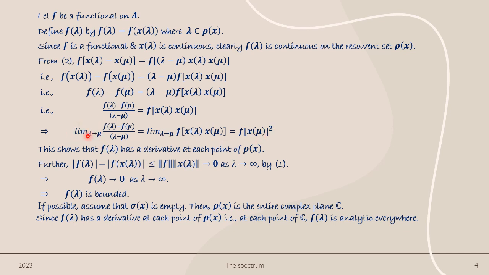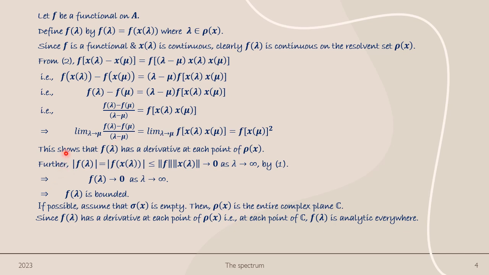So the limit as lambda tends to mu of f of lambda minus f of mu by lambda minus mu is equal to f of x of mu the whole square. The limit exists, and this is nothing but the differential coefficient, f dash at lambda equal to mu, the derivative.